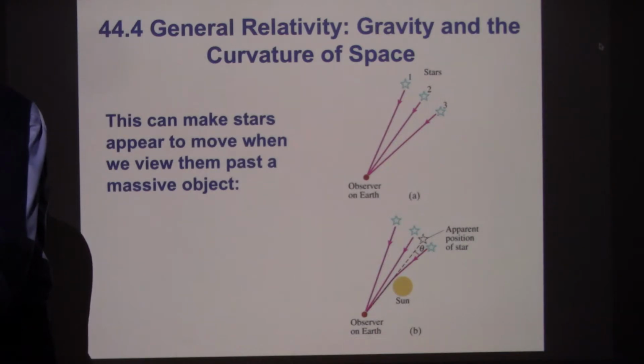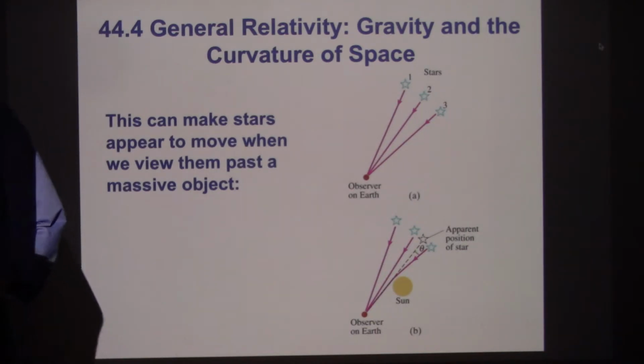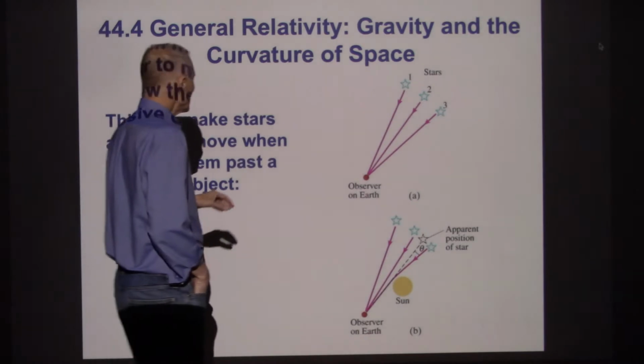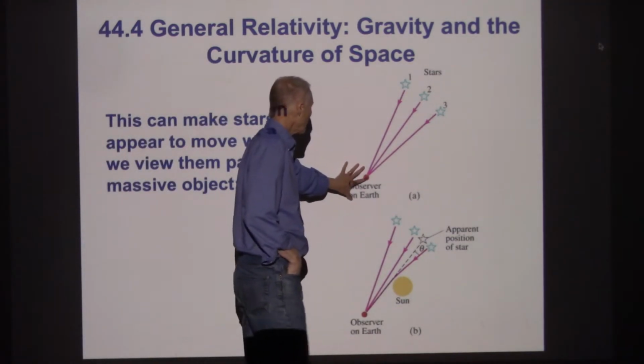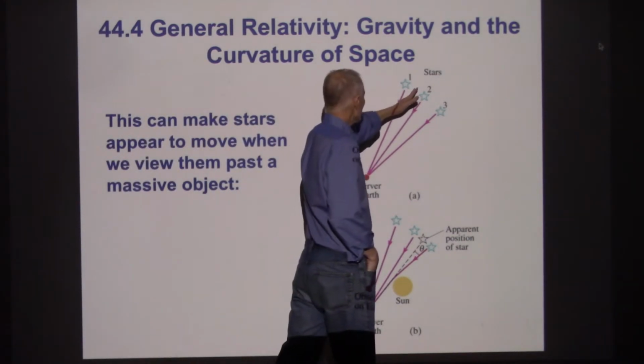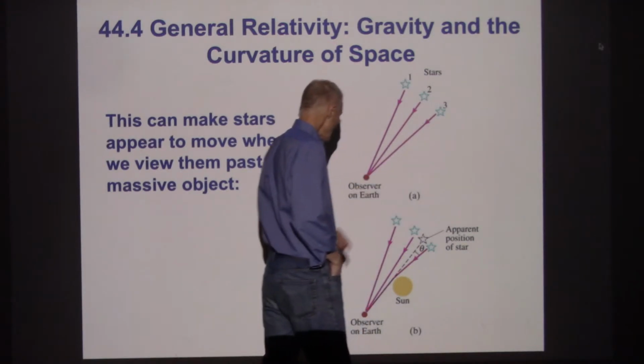And this is kind of a description as to how some of these experiments were done. Here are observers on Earth looking at light coming from stars 1, 2, and 3.